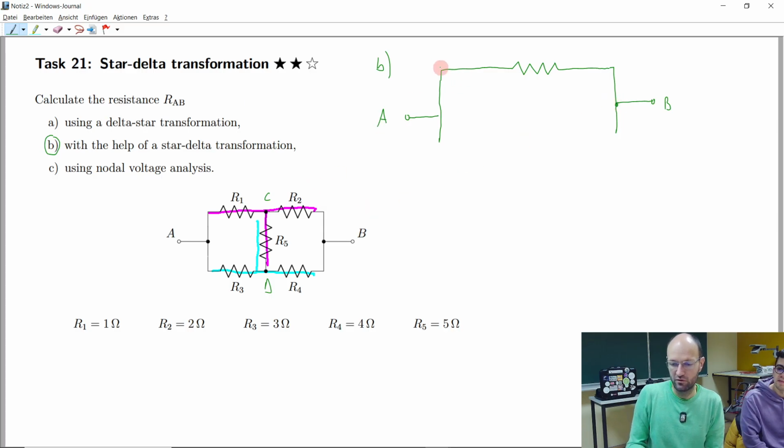And then we need 2 resistors that connect this point with D. Maybe I should do the D a little more down below, like here.